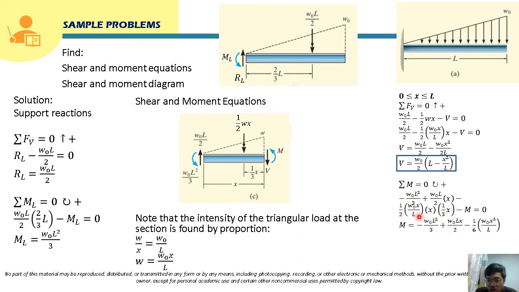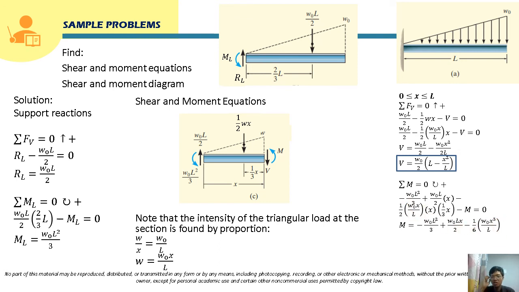And for this term, this will become 1/2 times 1/3, that is 1 over 6, so this is negative here. And then we have here x times x times x, so it will become x cubed, and then W sub O over L.